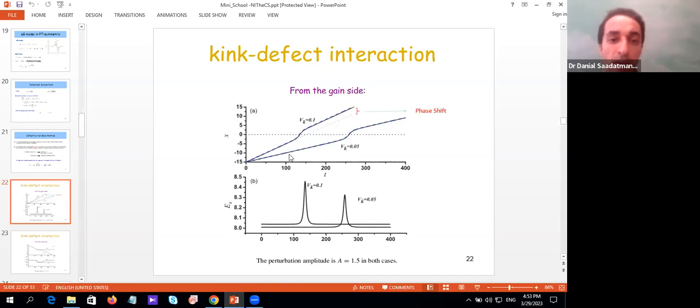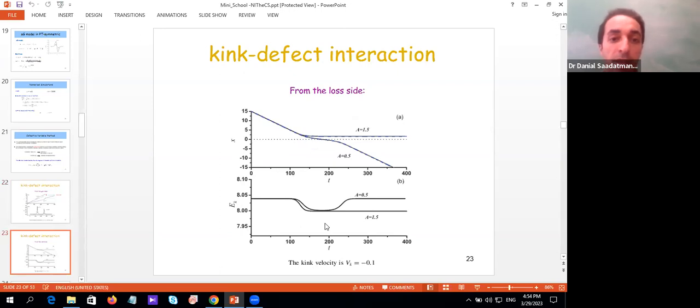The only effect of the defect on the kink is the phase shift, as you can see from the figure. In the bottom figure, you will see that when the kink comes from the right or left side, from the gain side, the total energy of this system increases and then decreases. And after the interaction, the final energy is the same as the energy before the interaction.